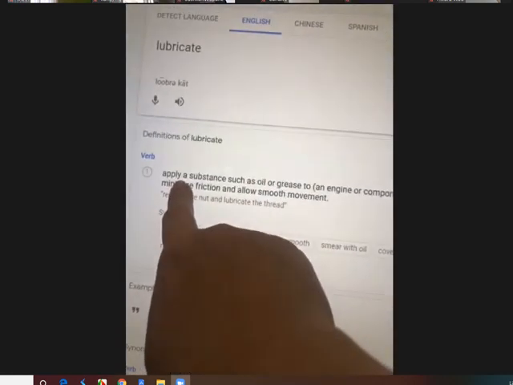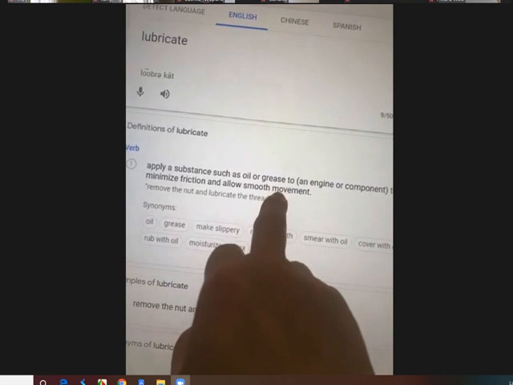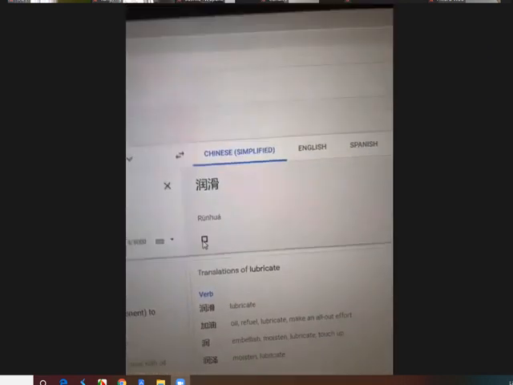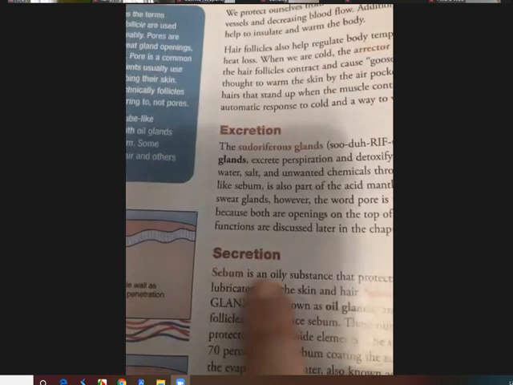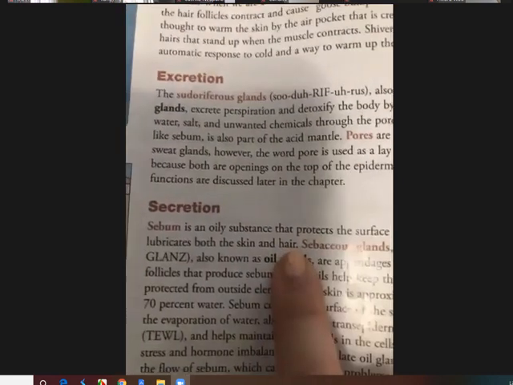Lubricate, okay, is to keep your skin smooth. Okay? And prevent friction. Okay? Lubricate 的意思就是润滑. Okay, so lubricate means 润滑. So that's why oil, okay, from the sebaceous gland, okay, lubricates the skin and the hair.